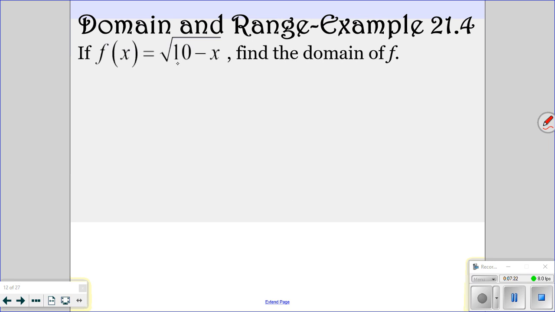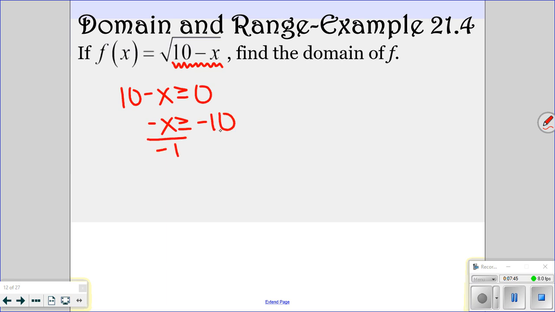When you have a radical, the part under the radical has to be greater than or equal to 0. So 10 minus x has to be greater than or equal to 0 because it has to be positive. So if I subtract 10, I get negative x is greater than or equal to negative 10.